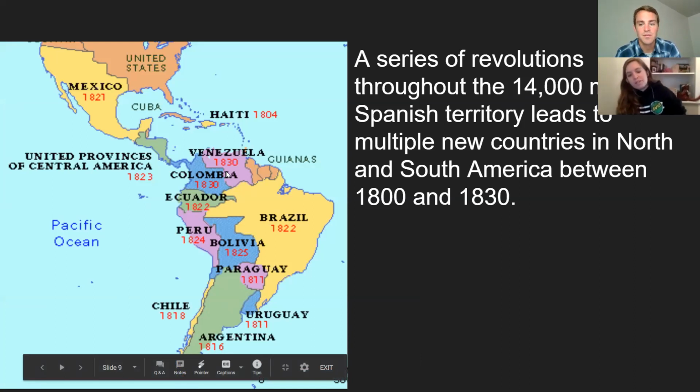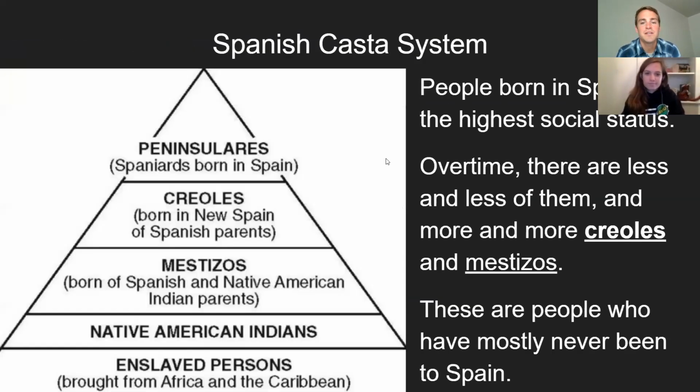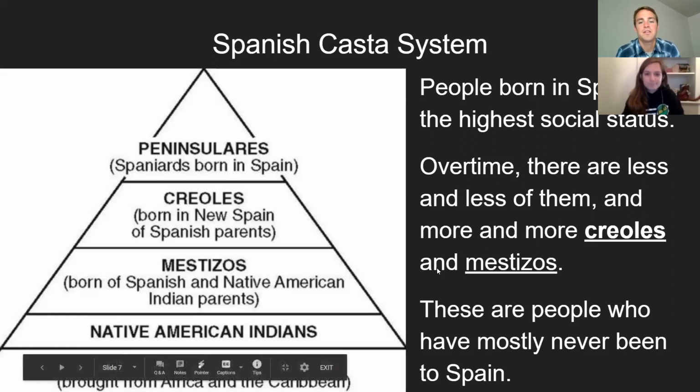And so we're going to assume that there's someone there who's going to be leading these revolutions, right? There has to be someone. Yeah, and the interesting thing is that because people have been trying to lead different revolutions and push back against Spain at different points during this period, it's going to take someone that can unite a few of these groups together to be able to do that.